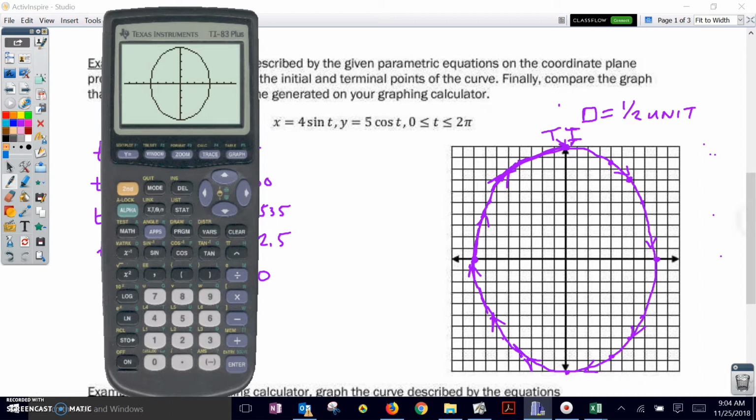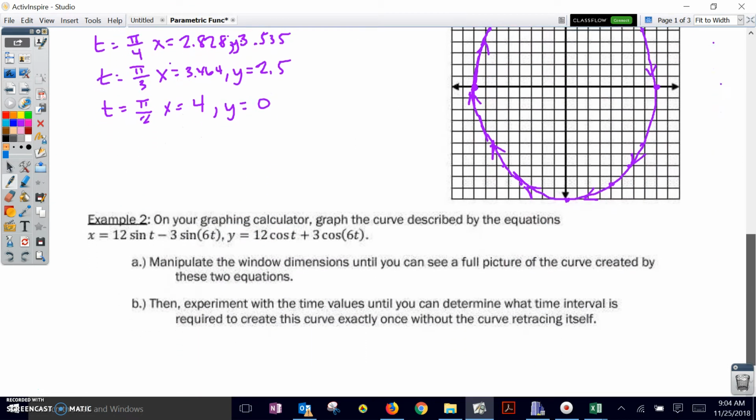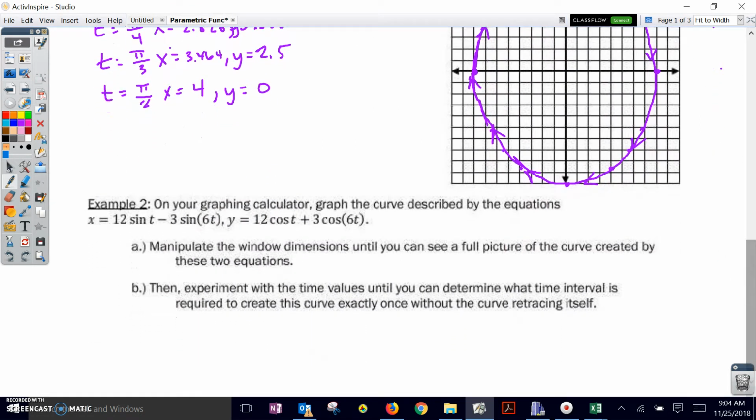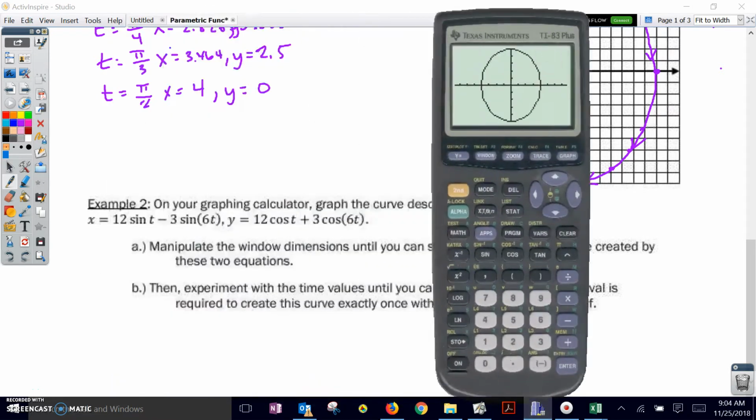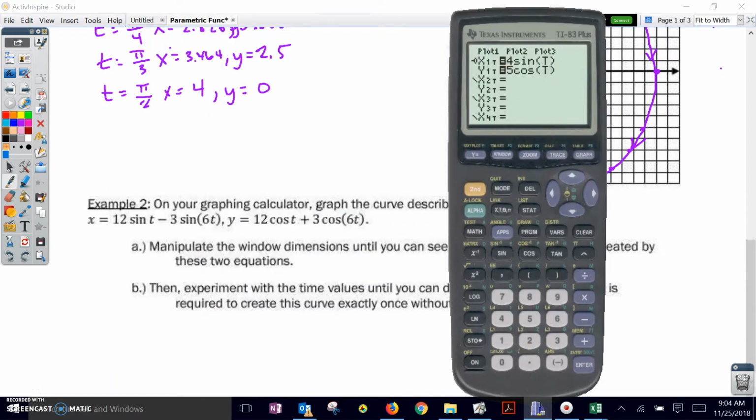Alright, let's look at example 2. On your graphing calculator, graph the curve described by the equations x equals 12 sine of t minus 3 sine of 6t, and y equals 12 cosine of t plus 3 cosine of 6t. Manipulate the window dimensions until you can see a full picture. So first things first, I'm going to go in and change my functions.